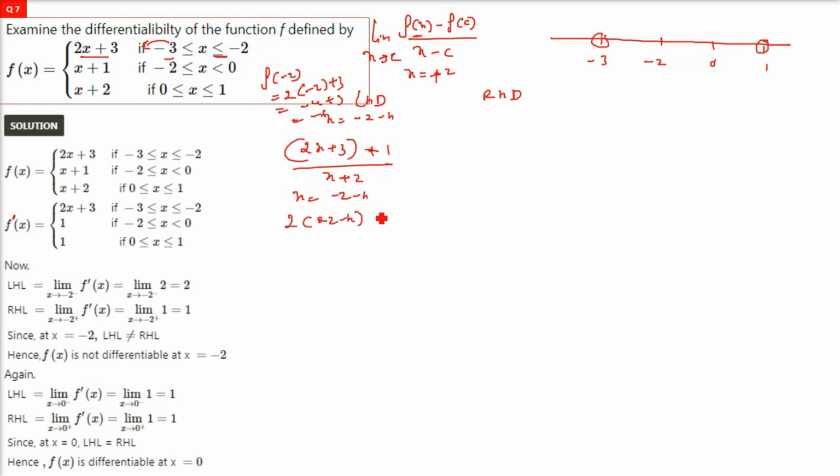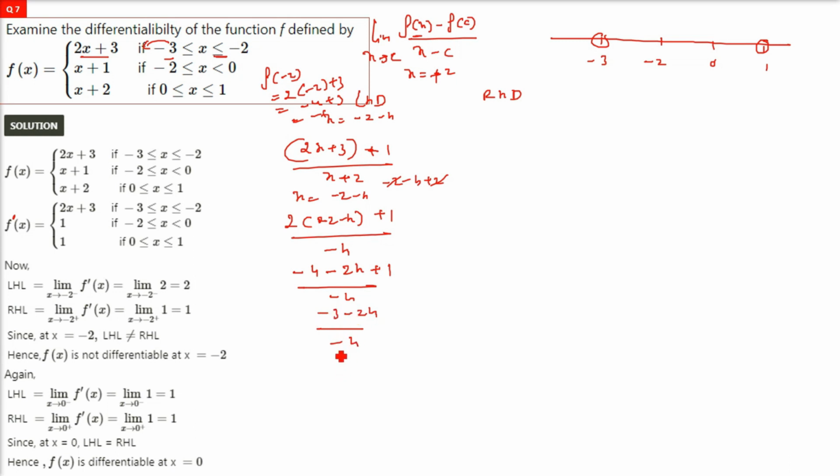I'm not doing RHD, I just want to show you what's going to happen. So minus 2 minus h plus 2 in the denominator gives only negative h. In the numerator you have minus 4 minus 2h plus 1, divided by minus h. You are going to get minus 3 minus 2h by minus h.